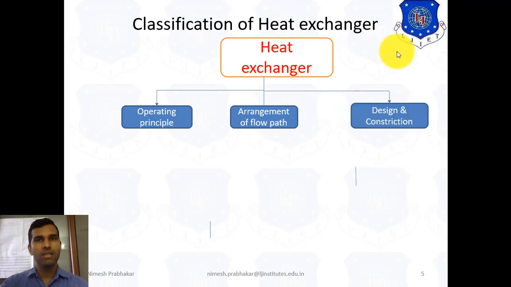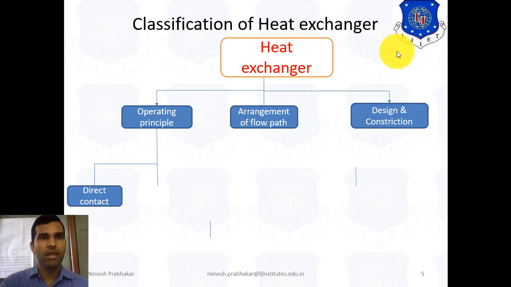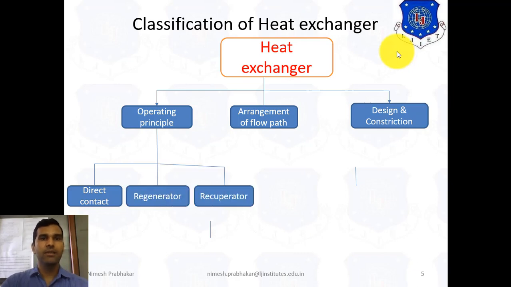And third, classification based on design and construction. The operating principle has three types: direct contact heat exchanger, regenerator, and recuperator.